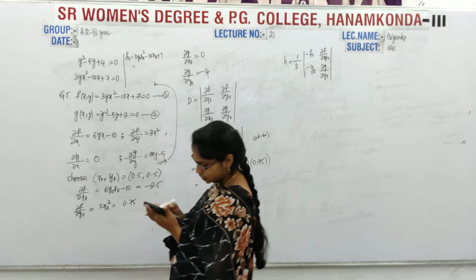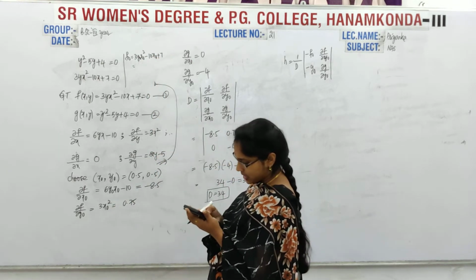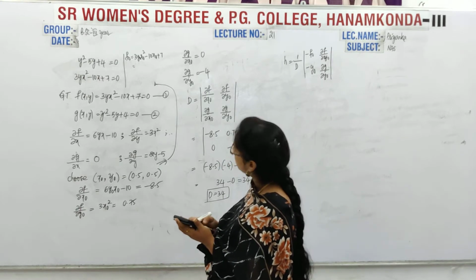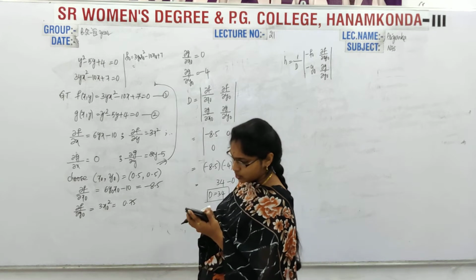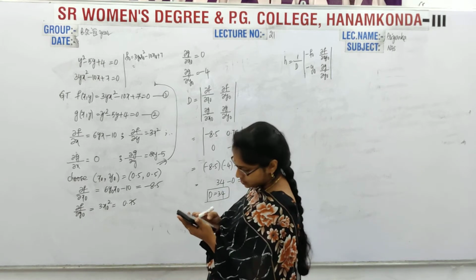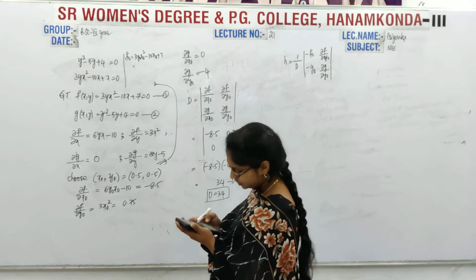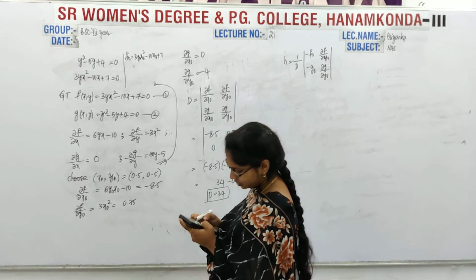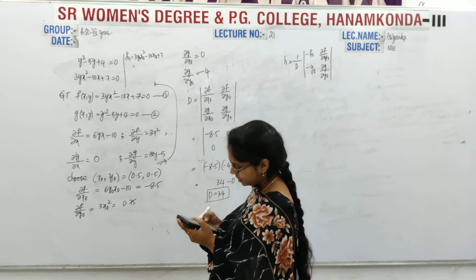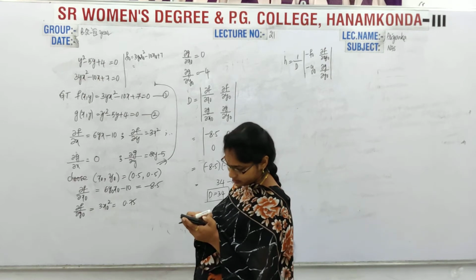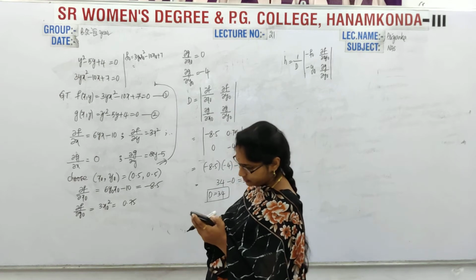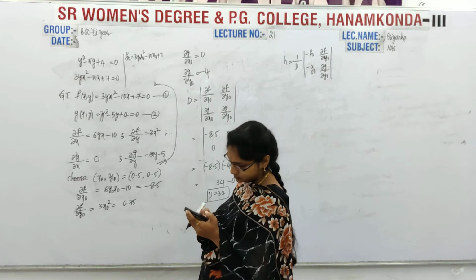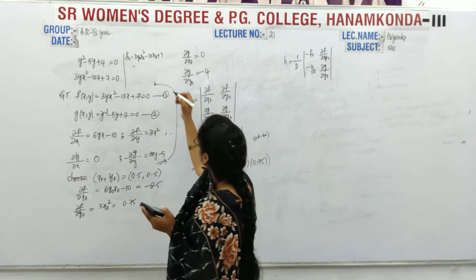Now calculate 0.5 whole square into 0.5 into 3 minus, open bracket, sorry. So finally 3 into 0.5 whole cube minus open bracket 10 into 0.5 plus 7, 2.375.